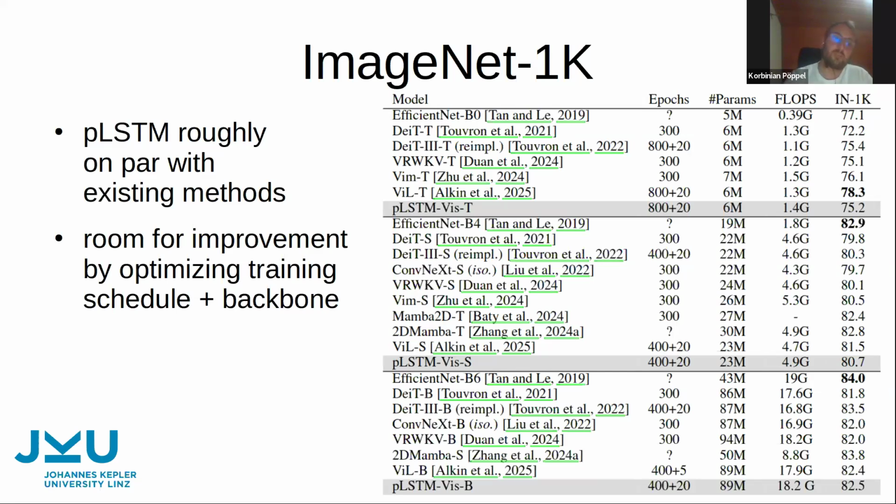And there would still be room for improvement by optimizing the training schedule and also the backbone.